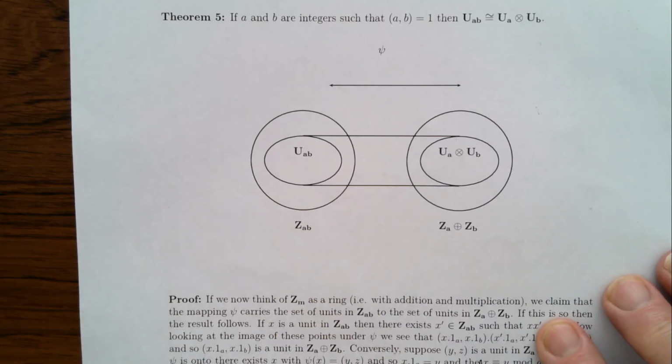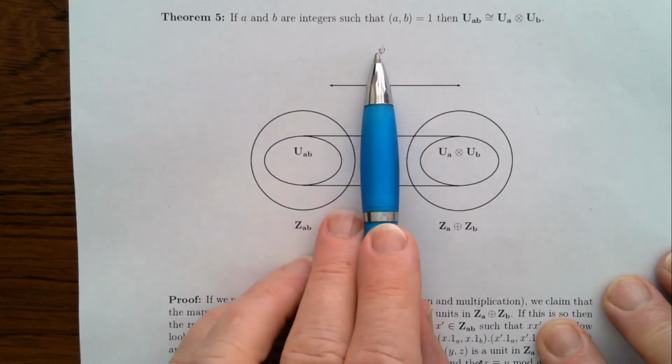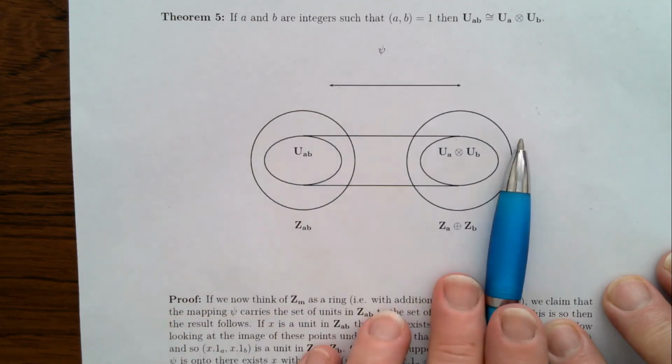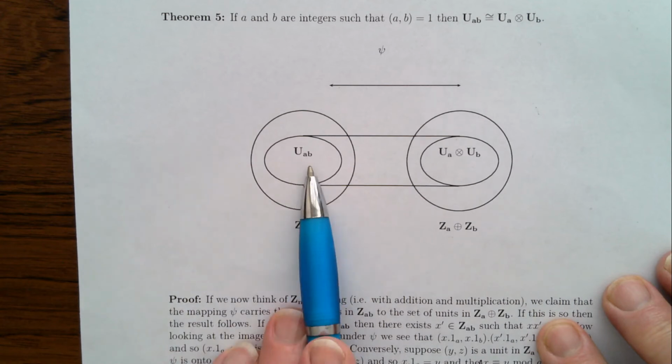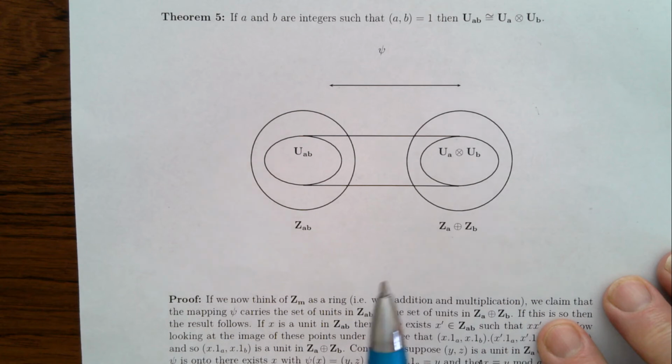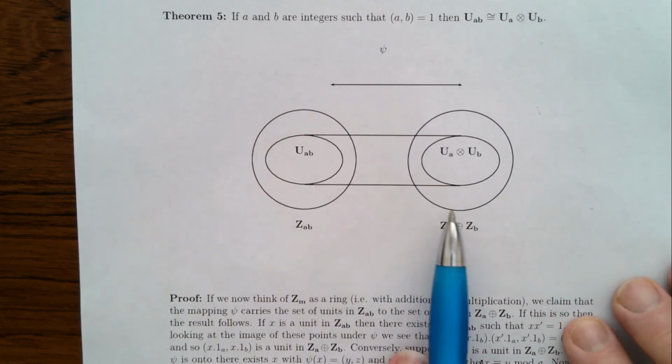And I claim that this isomorphism psi, which worked additively, also works multiplicatively, and it's going to preserve the units: the units here get mapped to the units in here. And that is going to be sufficient to show the result.